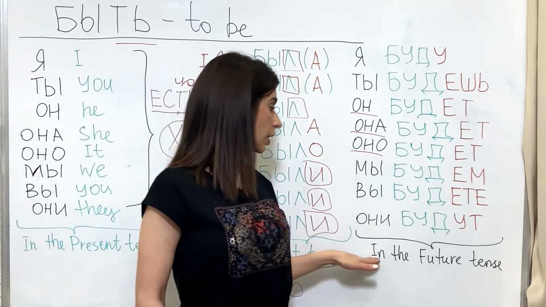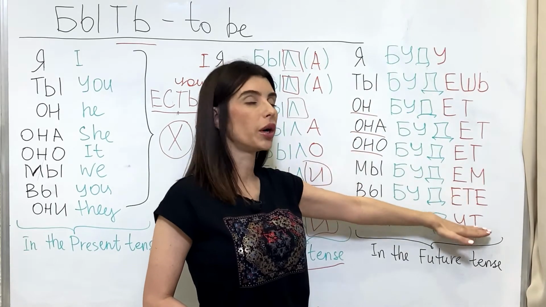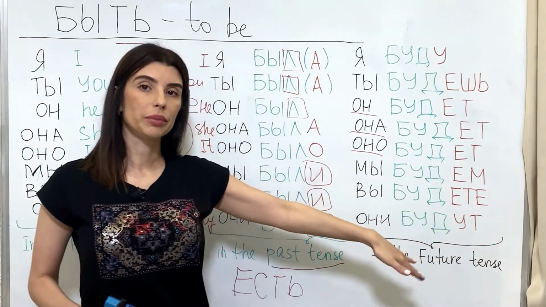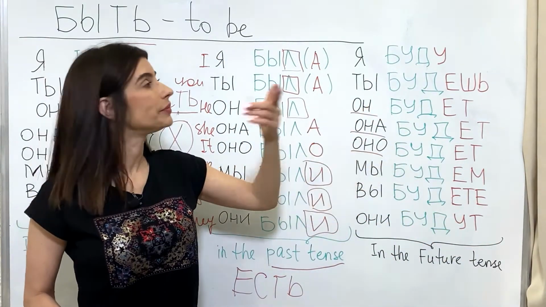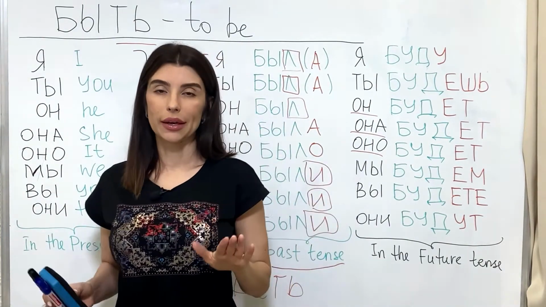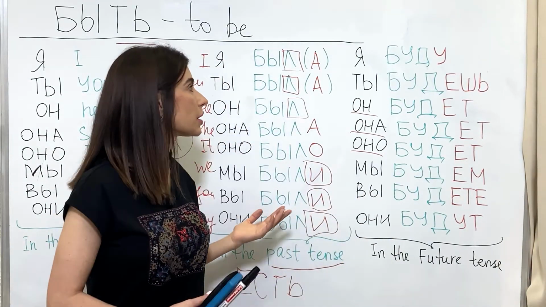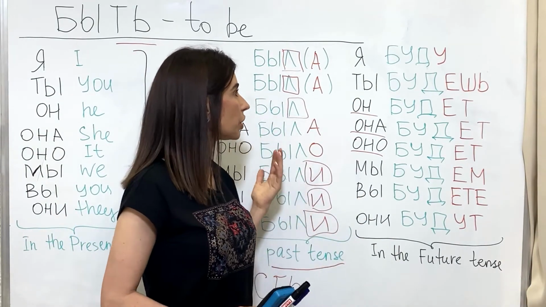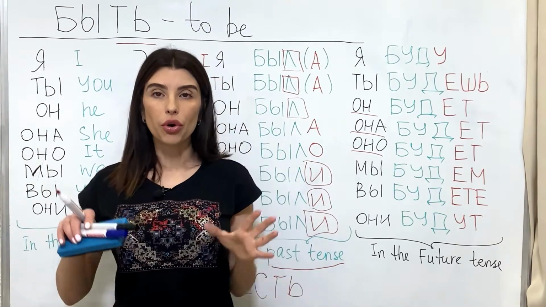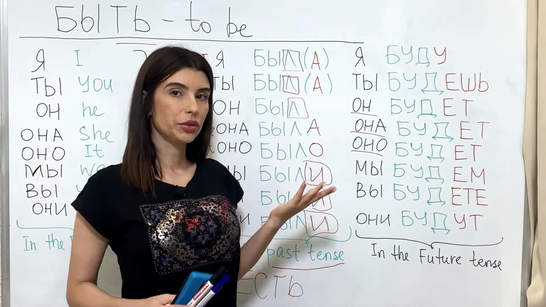So, in the future tense, you can see how this verb быть will be different at the end. Before, I was explaining so that you understand the meaning and form. I will repeat again.